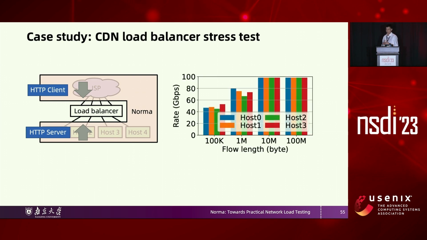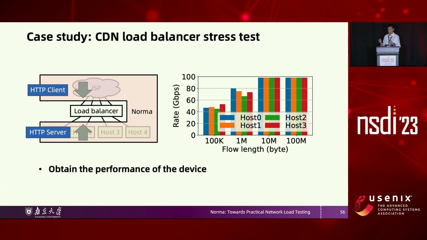We change the connection establishing frequency by tuning the HTTP flow length. From the result, we observed that when the flow length was less than 1 megabyte, the throughput was lower than 80 gigabits per second. This is because the CPU bottleneck is encountered when processing the small flows, causing the HTTP connection establishing rate to reach the upper limit.